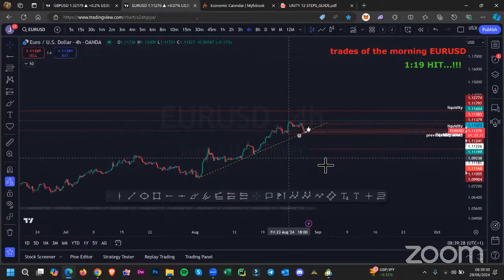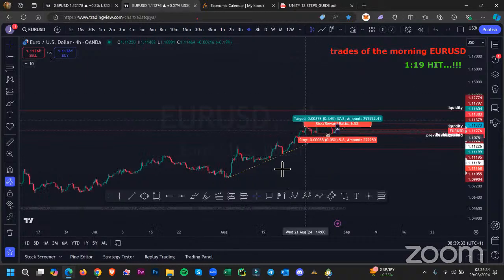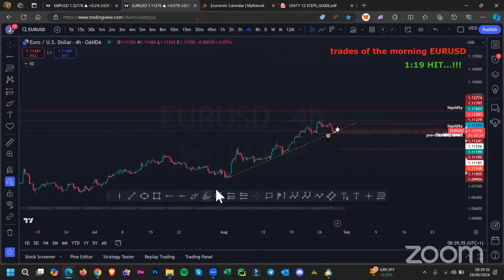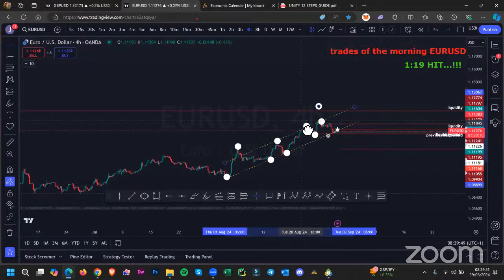Even though I took a sell for a 1 to 19 this morning. What? Making higher highs and higher lows. Exactly. I'm concerned that this market is actually bullish. And it may decide that it wants to keep being bullish.